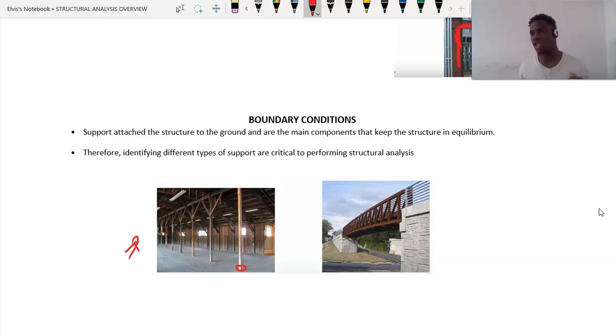Then we're going to see how we can take a structure and determine the forces that are applied to the structure. Okay, so we're going to try to determine the bending moment, the shear force, like a lot of stuff, guys. So this is what we're going to call it.